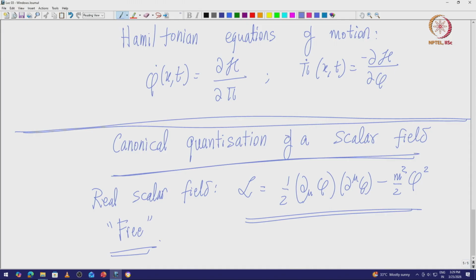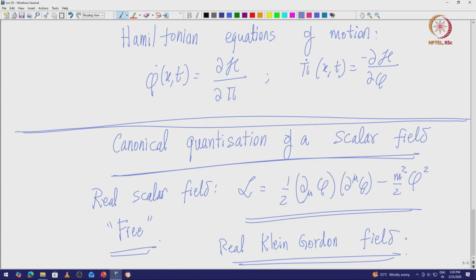This is called the real Klein-Gordon field. We have seen this in the relativistic quantum mechanics. I will tell you the connections after quantization, after doing the real Klein-Gordon field.